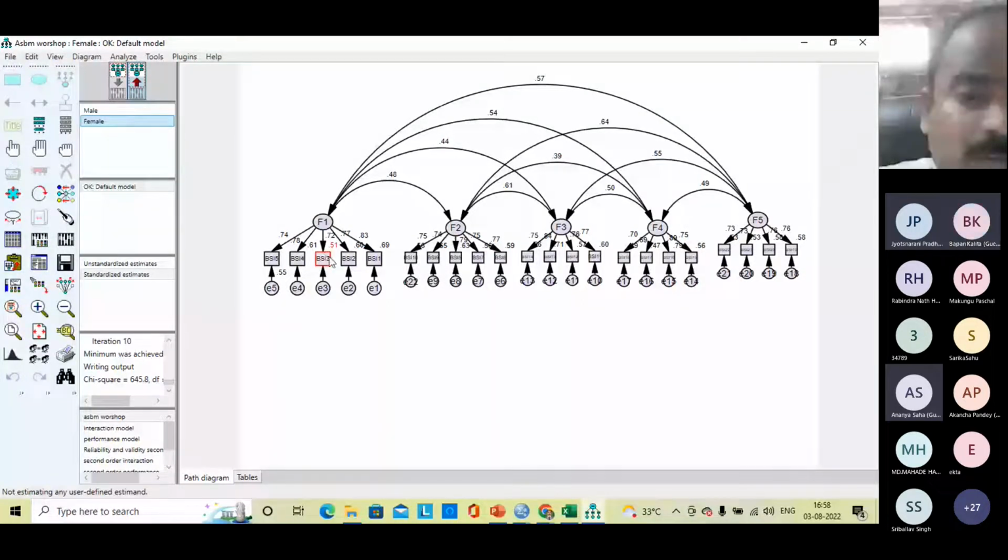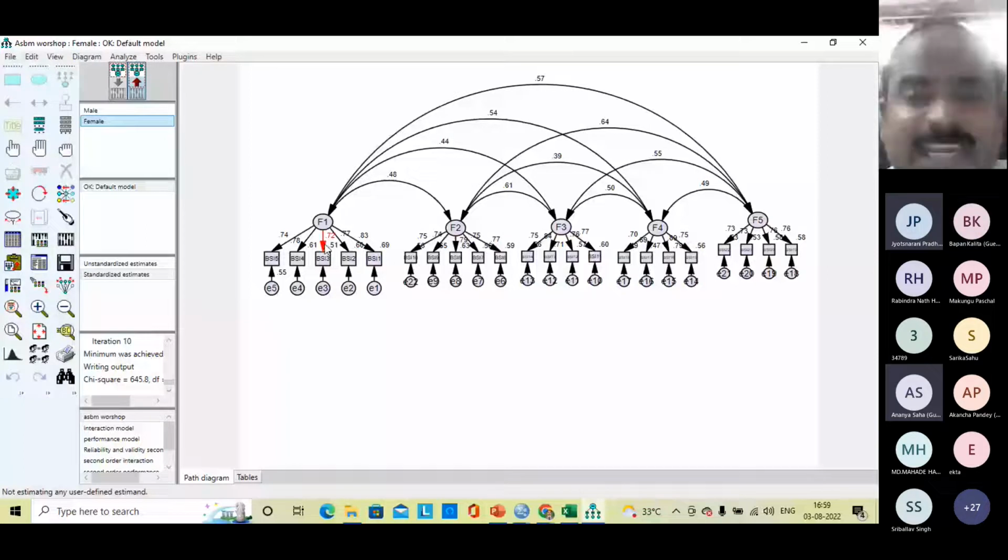Now going to BSI 3, for the male it is 0.60. No, sorry, 0.77. Look at here, the red highlighted arrow and the assigned digit, that is 0.77. So BSI 3 is measuring F1 by 0.77, and for the female by 0.72.